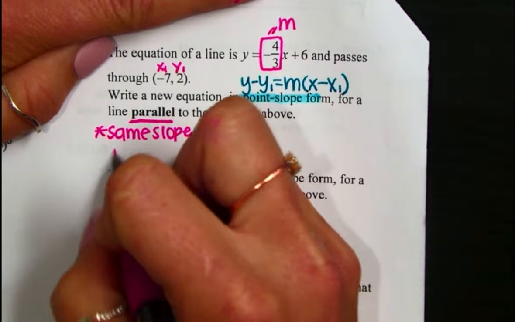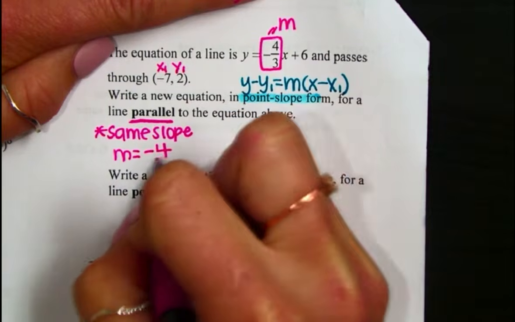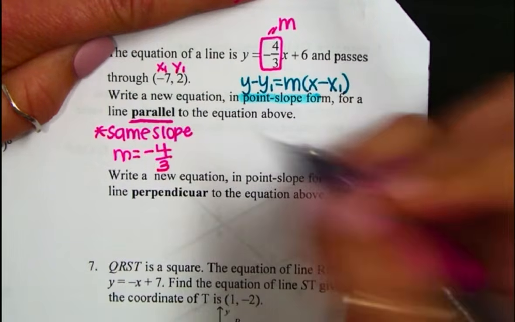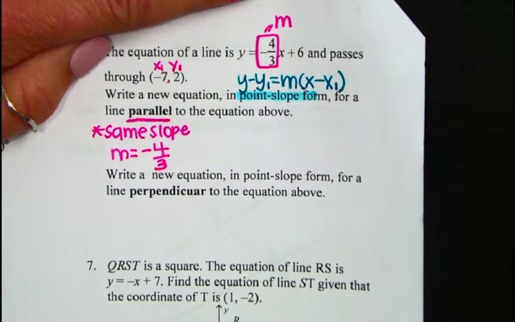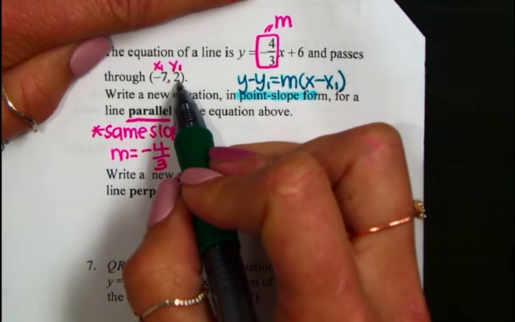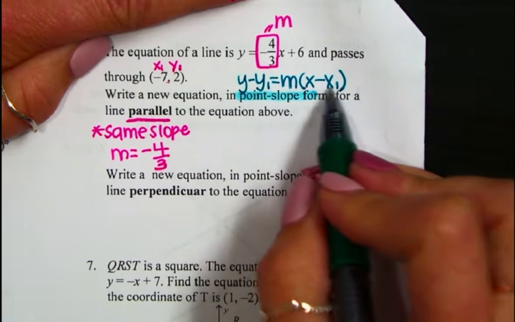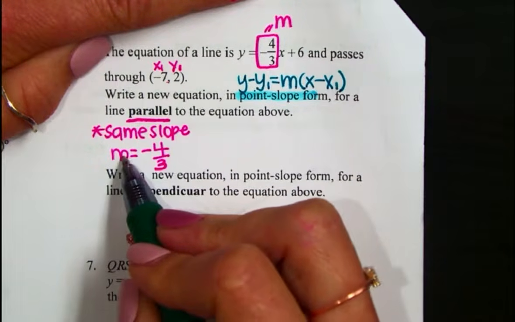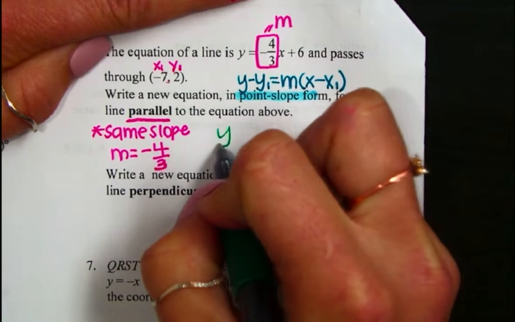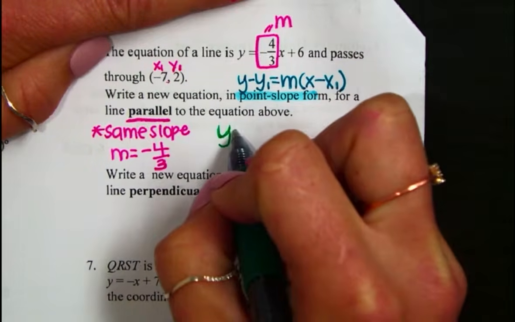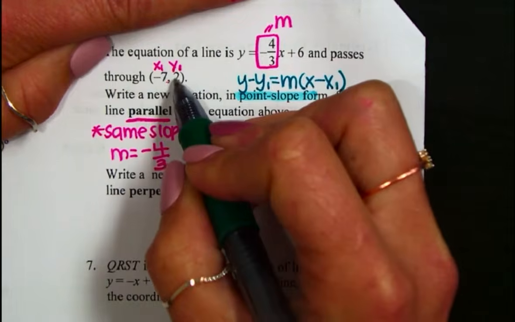So when I write my equation, I'll be using, again, slope of negative 4/3 and this point that I'm going to pass through. So using this equation, we're going to plug in the point right here, negative 7, 2, for my x1 and my y1, and then I'm going to be plugging in negative 4/3 for m for my slope. So your first y, you write, then y1 is 2.